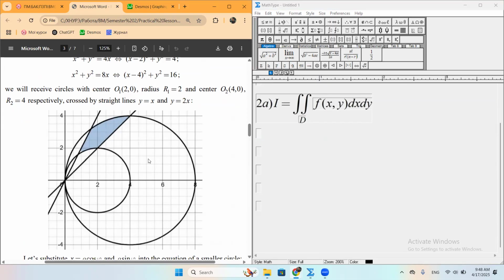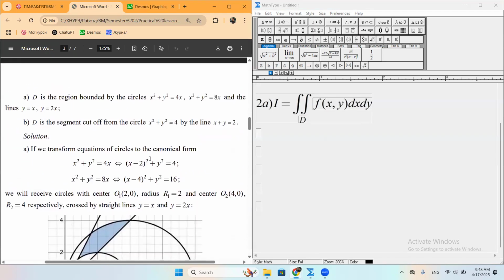First of all, we need to transfer these curves to polar coordinates. So let's substitute variables in these equations, and then we will understand what to do next.